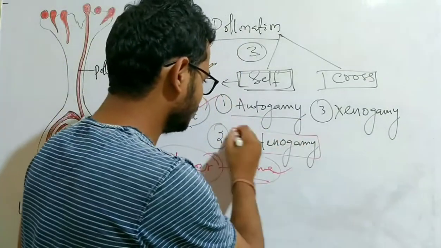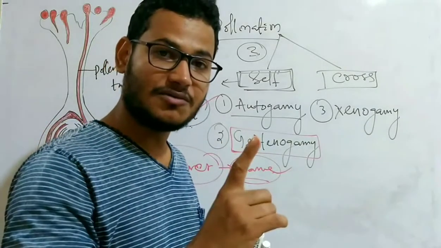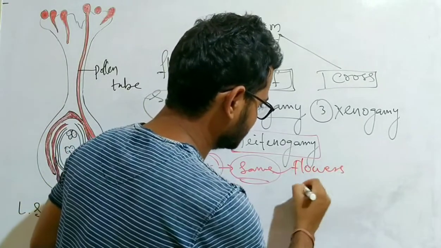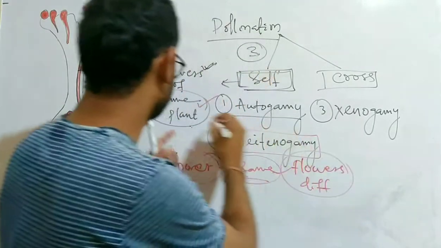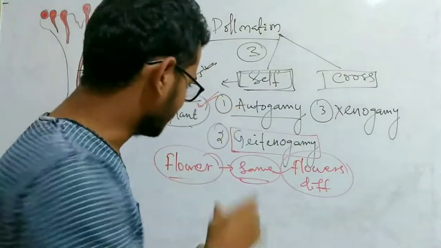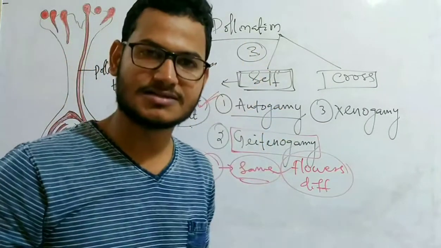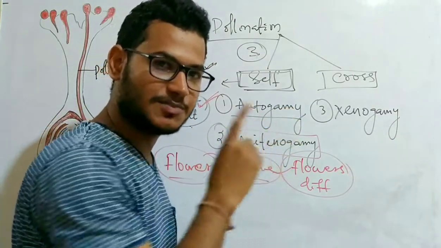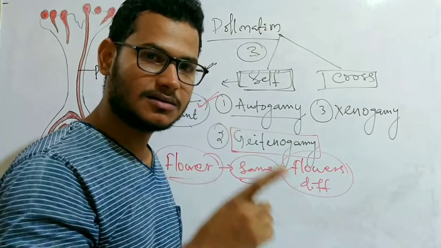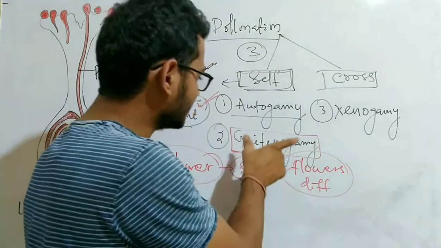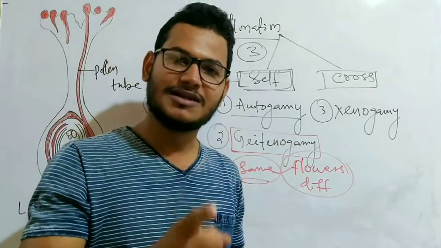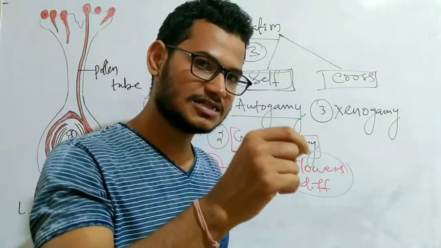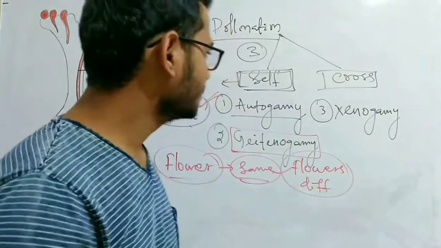The second one, geitonogamy. In this case, the flowers are different, but of the same plant, because geitonogamy also comes under self-pollination. So the difference is that in autogamy, the pollination takes place within the same flower in the same plant. But in case of geitonogamy, the pollination takes place between different flowers but in a specific plant, the same plant.